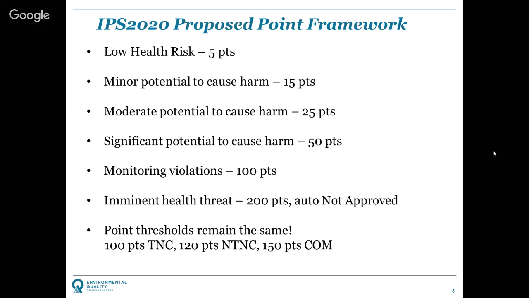We're aligning it better with EPA's point system. They have a point system where they track deficiencies and violations, mostly deficiencies that turn into violations. This new proposed framework will better align with EPA, and it will hopefully highlight the things that are important to fix, which we call significant deficiencies.